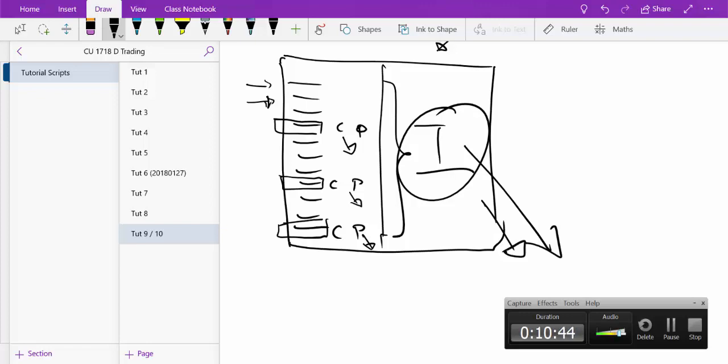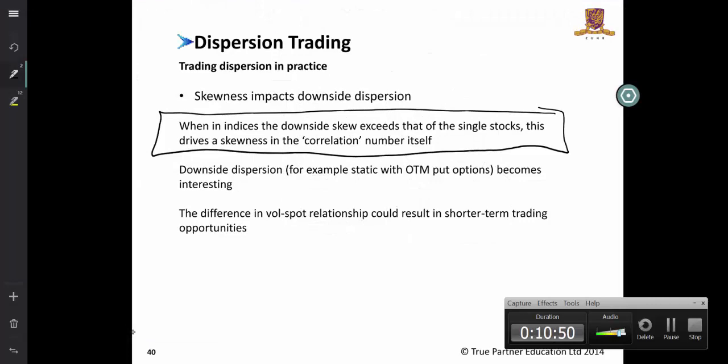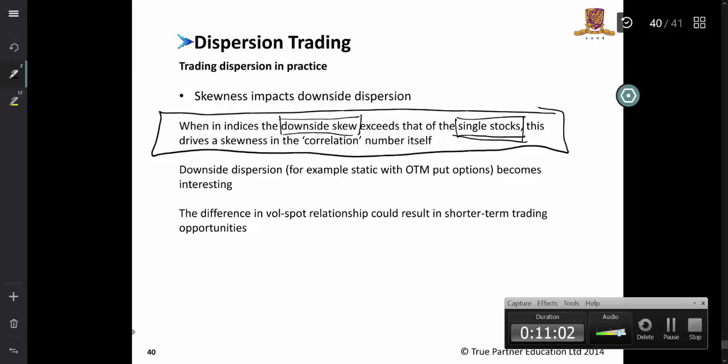Then you could end up losing money. That's what that is trying to tell you. When the downside skew of the index is higher, I think this doesn't happen very often, but it is possible.